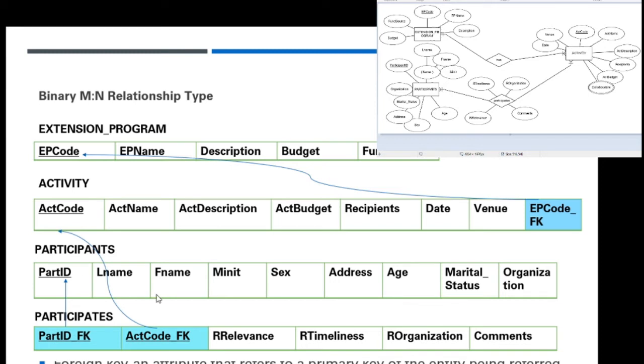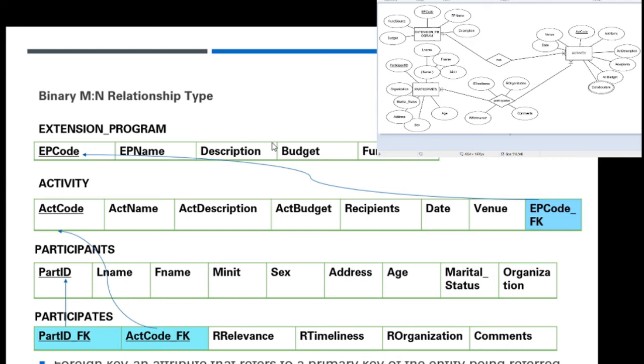This one, part ID underscore FK, refers to the part ID of the participants table, and this act code underscore FK is a foreign key that refers to the primary key of activity, which is act code. So that is in creating a relation for binary many-to-many relationship type.